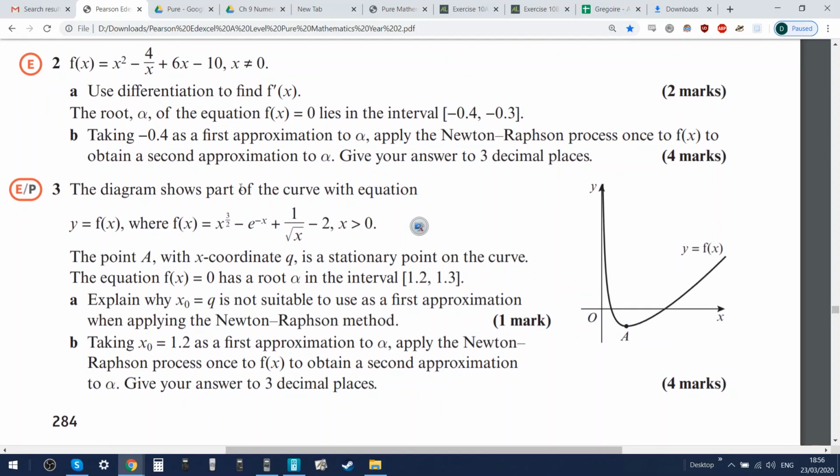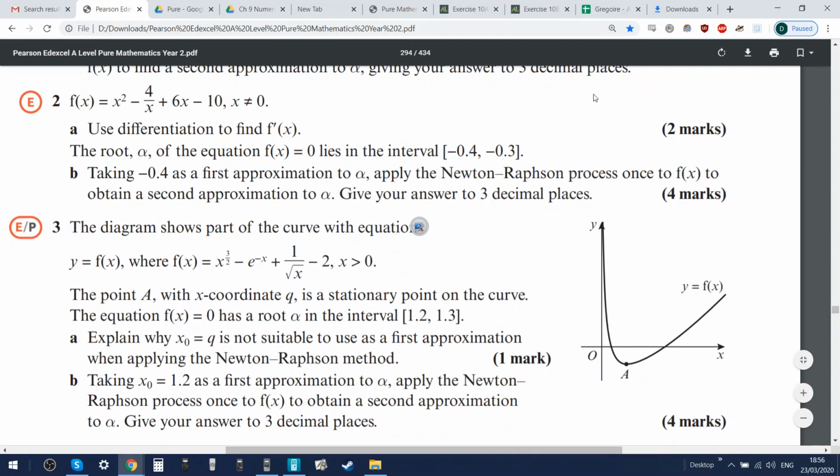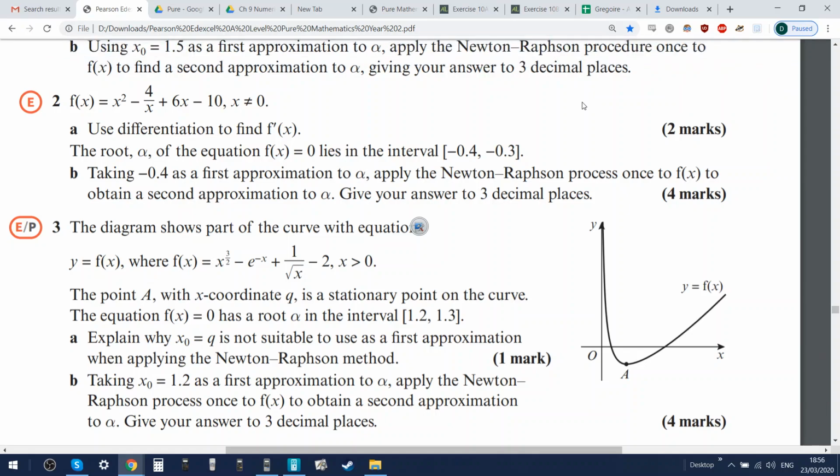Which question were we looking at? I was just looking at question 2, part B. They could do this approximation to apply the process to f of x. So then we just use 0.4 as the answer. Maybe just use the equation. What is the equation? It is the approximation minus the function of the approximation over the derivative of the function at the approximation.